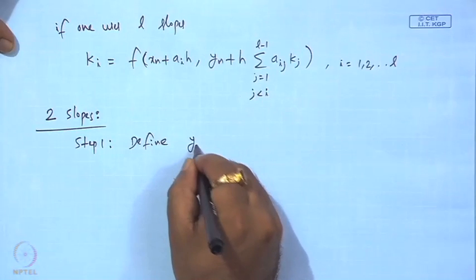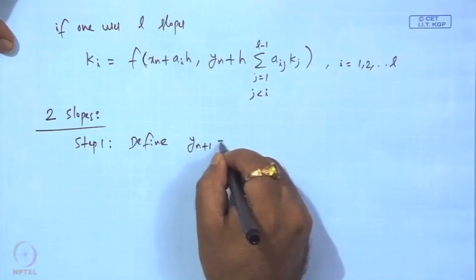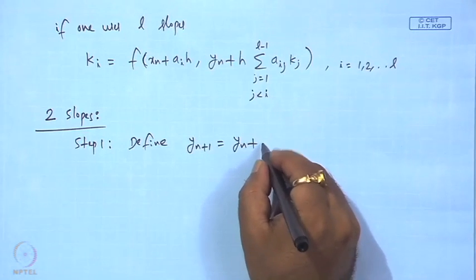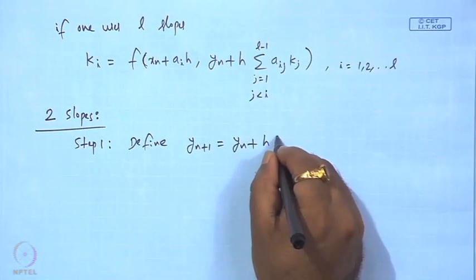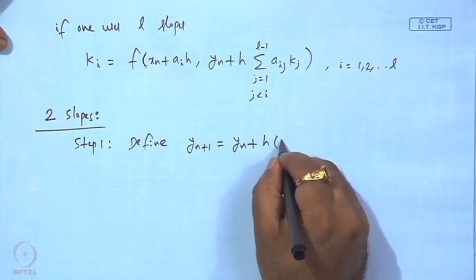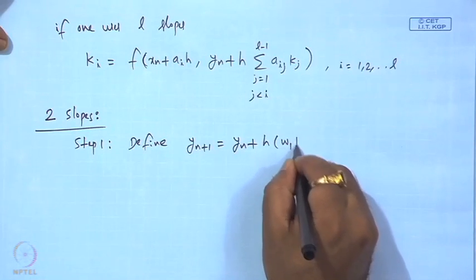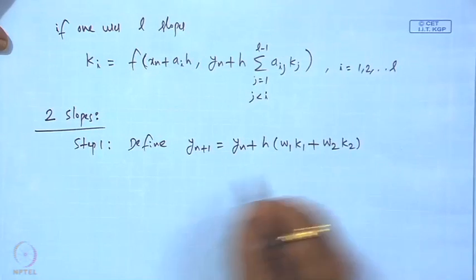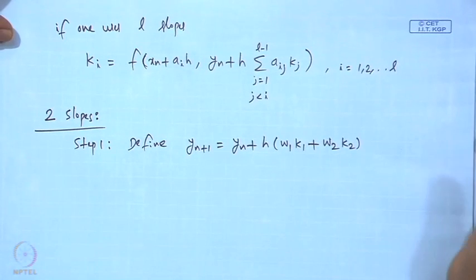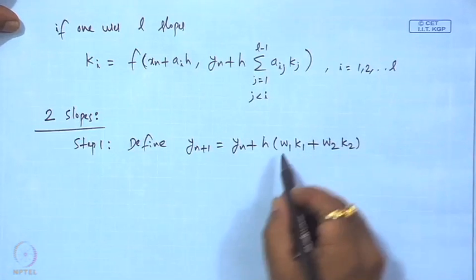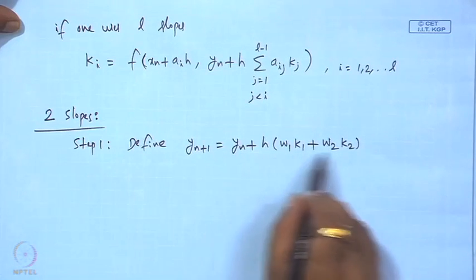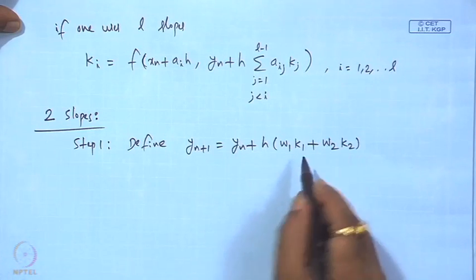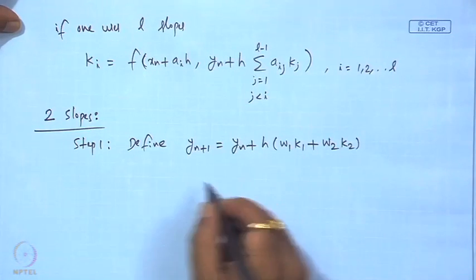So, we are defining the method y n plus 1 is y n plus just two slopes. So, what will we get? h W 1 K 1 plus W 2 K 2. I mean, instead of the arbitrary coefficients earlier notation, we can just generalize it. Okay. So, these are the weights, standard weights I have used.